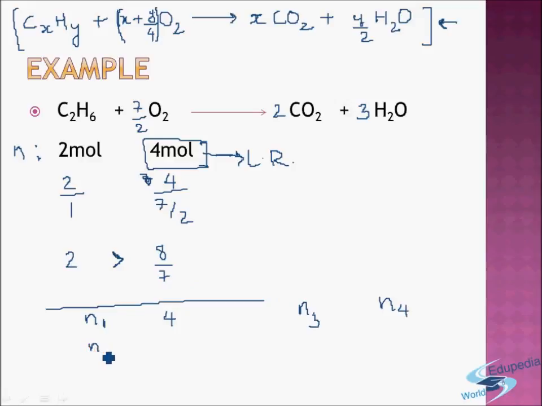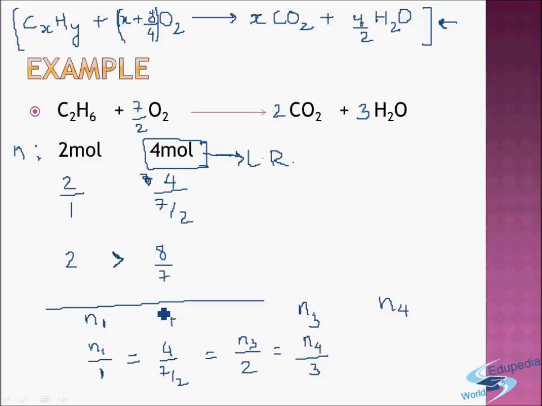I use the law: N1 divided by stoichiometric coefficient 1 is equal to 4 divided by the stoichiometric coefficient of oxygen, 7 by 2, is equal to N3 divided by the stoichiometric coefficient of CO2, 2, is equal to N4 divided by the stoichiometric coefficient of water, which is 3. So our problem becomes quite simple.